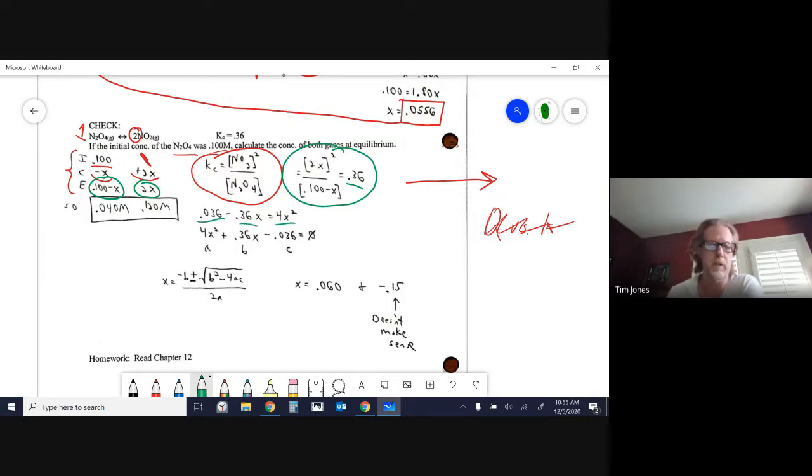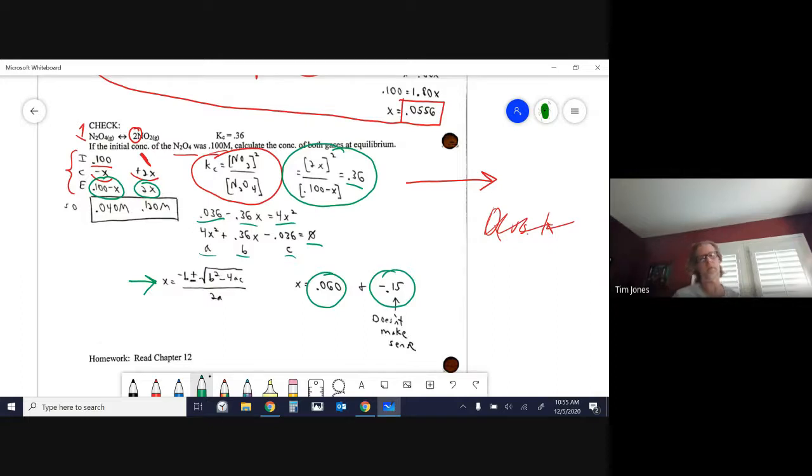When you see this, you should notice that it equals 0, at which point, if you can factor it, go for it. If you can't, label A, B, and C, go to the quadratic formula, enjoy. You'll get two answers: 0.060 and a negative 0.15.